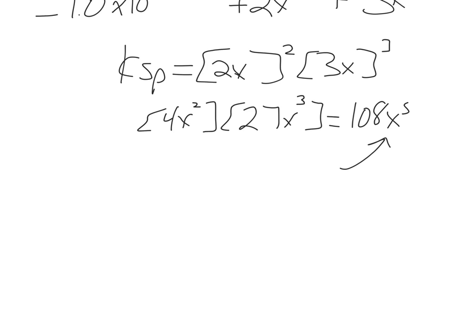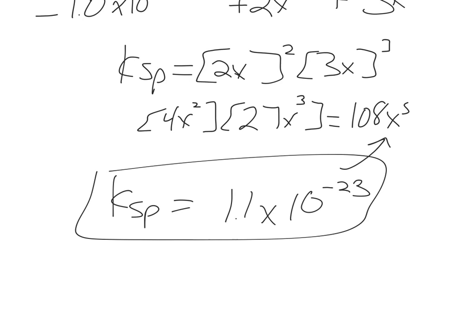And then your Ksp is a lovely 1.1 times 10 to the negative 23. That's a low K, huh? So the only complicated part is just remember that solubility is x and solubility product, Ksp, is this equation you see here.